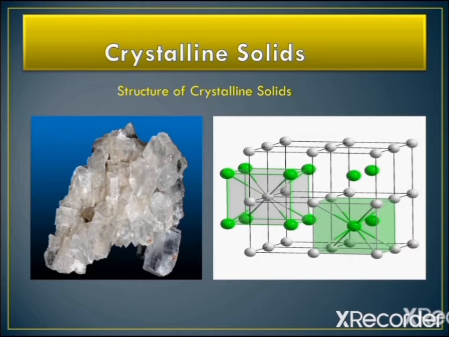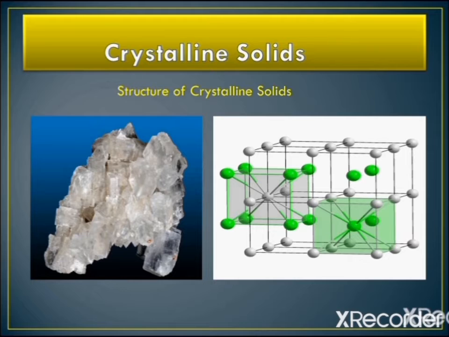A crystalline solid is a solid that is composed of orderly, repeating, three-dimensional arrangement of particles. This means a crystalline solid has well-defined shape because of the orderly arrangement of its particles.